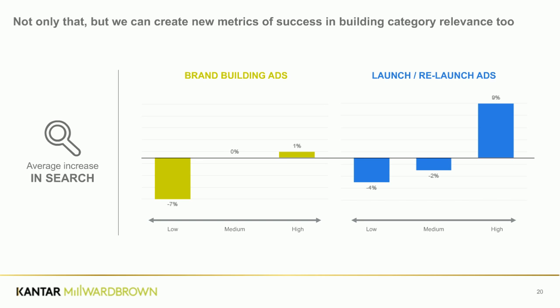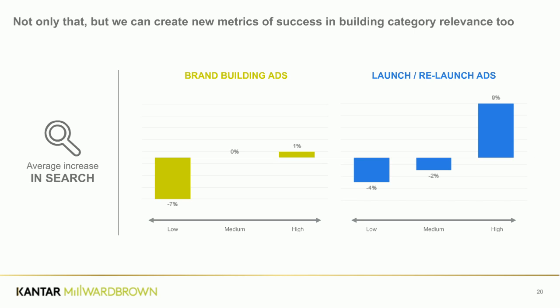So if we split the ads into ads that were predominantly brand building, so ads that aim to generate kind of fame but have nothing new to say in terms of associations or building relevance to people, and compare those to ads that are specifically trying to launch or relaunch a product, which typically have lots of new news in, are always trying to build associations with new things or scenarios or use cases, we see a much, much stronger increase in search for those kind of ads for the same levels of media spend than we would for a brand building one.